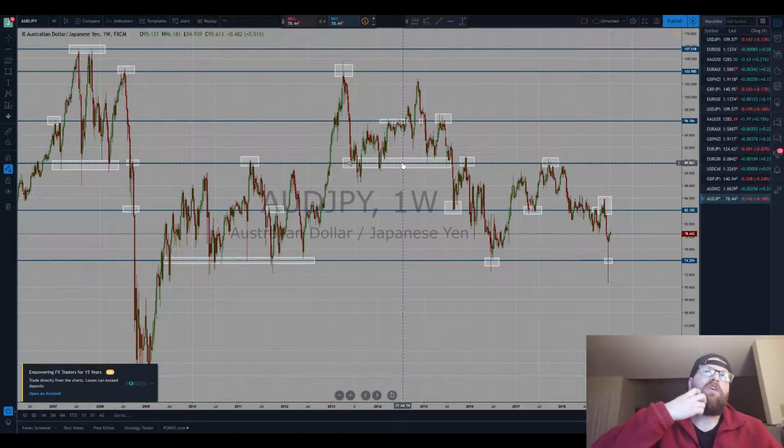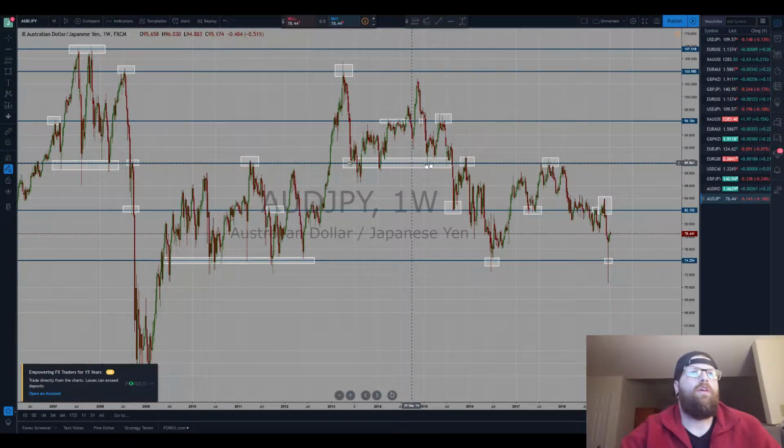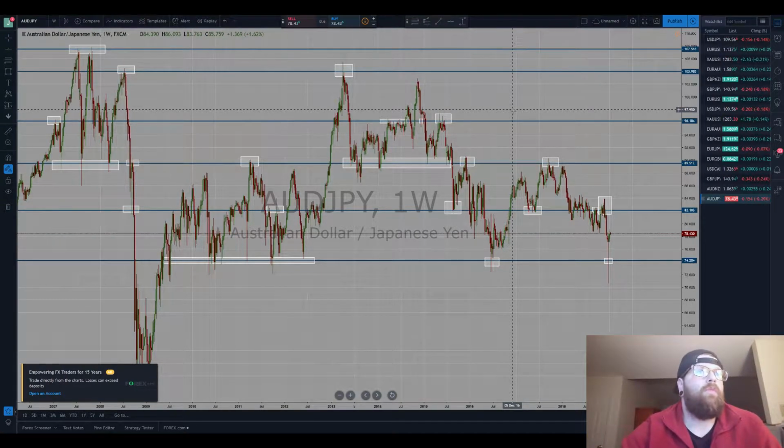So now you take all this information that we've provided. We've got our support and resistance levels identified on the weekly time frame. If you trade the weekly time frame, which not many people do, then this is all you have to do to identify the support and resistance levels.